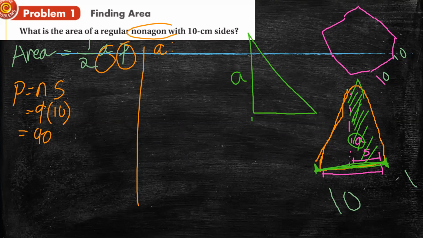So what will the length of this base be? It will be 5, which is half of 10. Because here, this is the triangle. From this point to this point, it is 10. Half of it is 5. That's why I say 5.